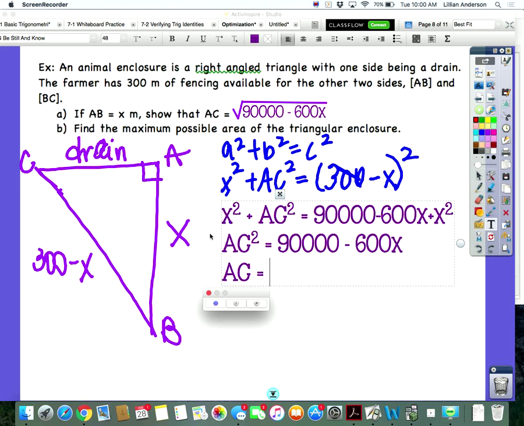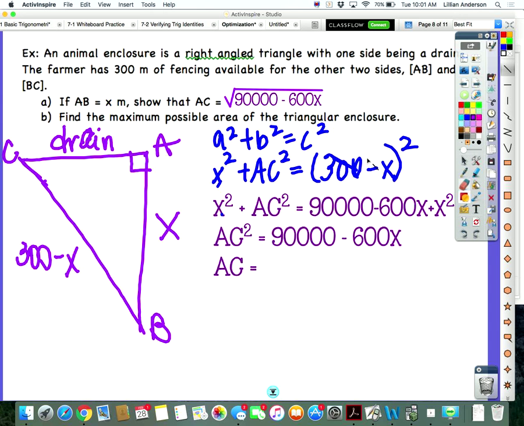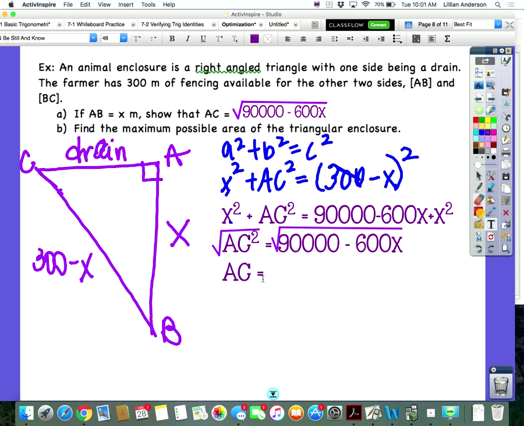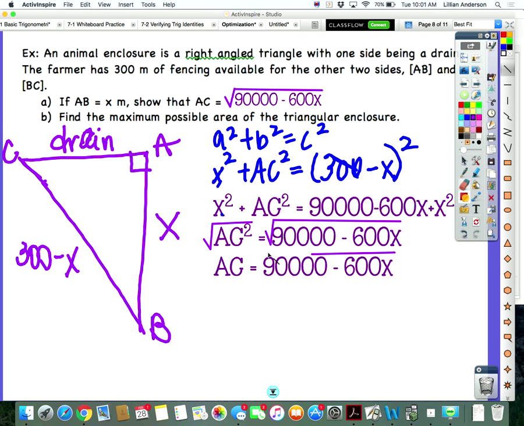Then did you subtract an x squared over to cancel it out? And then how do you get AC by itself? You got to take the square root. So then that is how you get it. Questions on this?